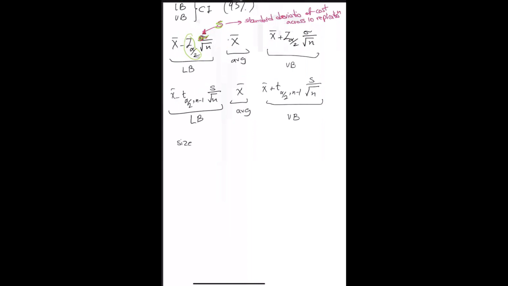Then the size of the confidence interval, which is the upper bound minus the lower bound, is going to be the upper bound, x bar plus t S over square root of n, minus the lower bound.